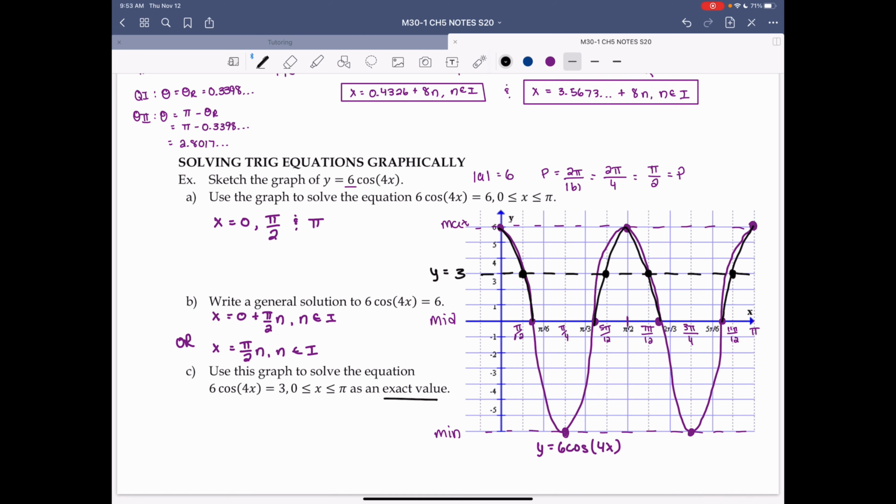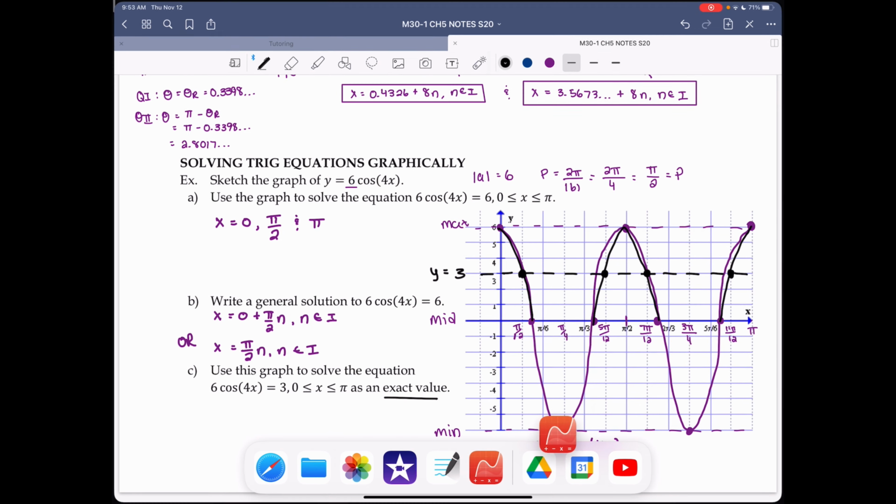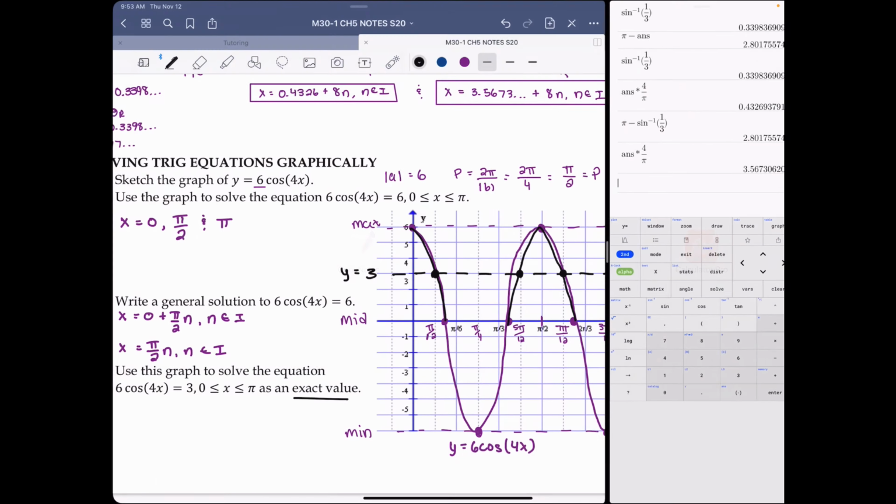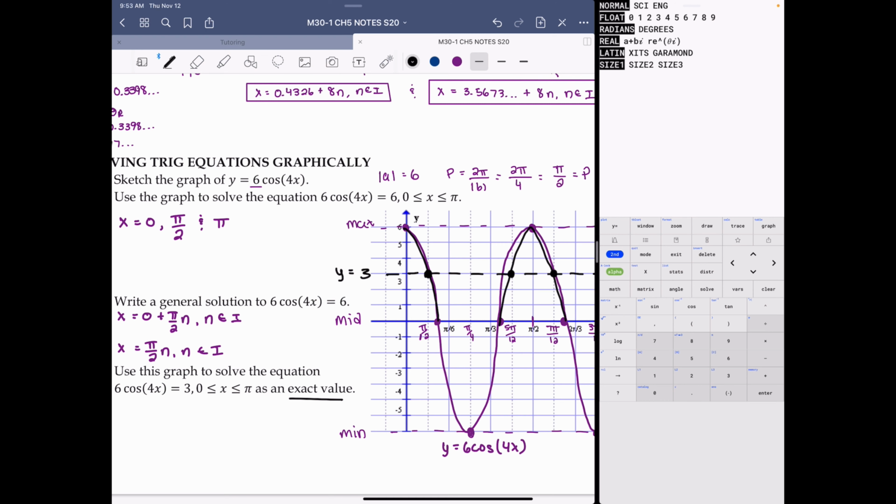Then we can use our calculator to test each of the points that we think are the solutions. So we think that we have pi over 12, 5 pi over 12, 7 pi over 12, and 11 pi over 12. Bring up our calculator. Make sure we're in radian mode. Yes, I'm in radian mode.